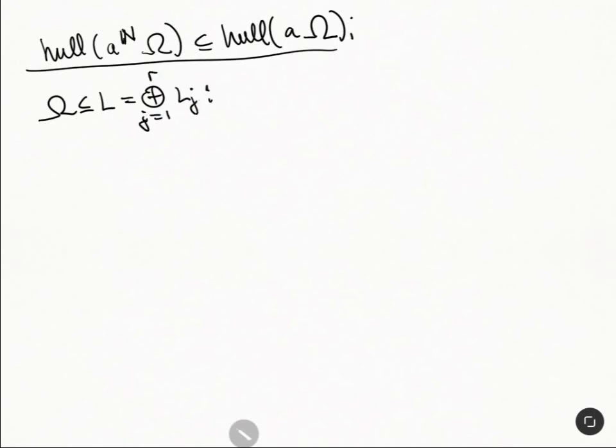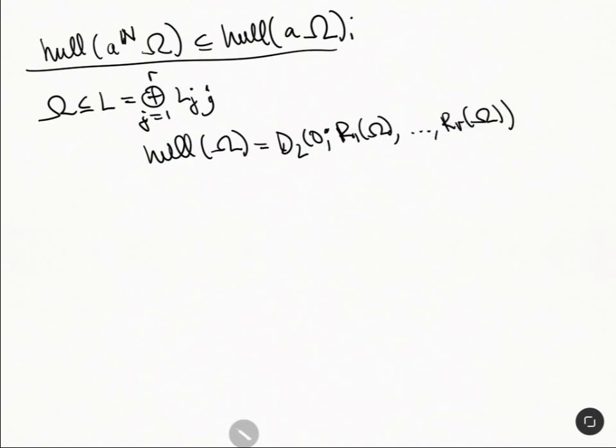We note that the whole of omega, we can find the polydisk via these functions here, r1 of omega to r_r of omega, where ri of omega is the maximum absolute value of xi, where x1 through xn is an element of omega.